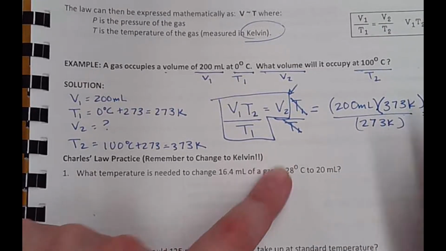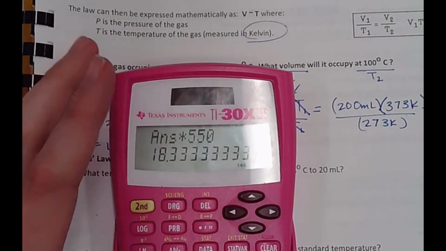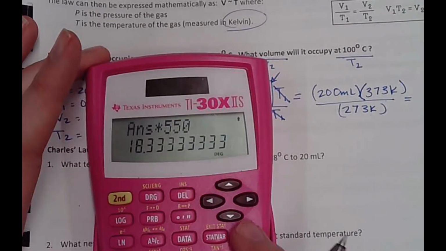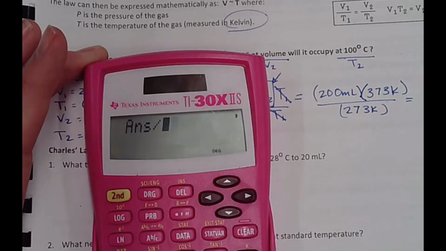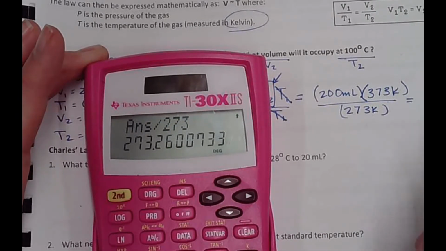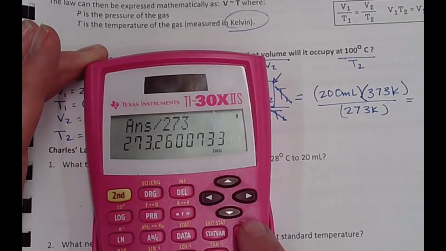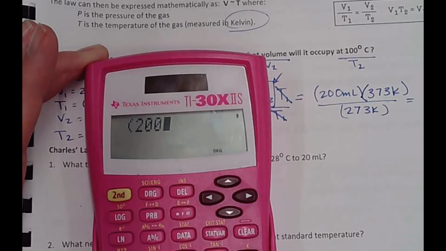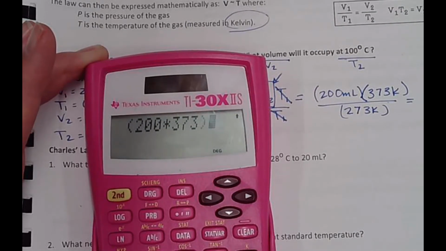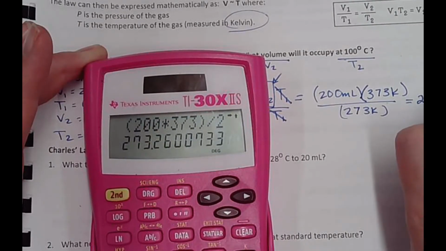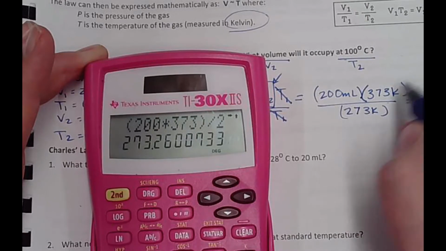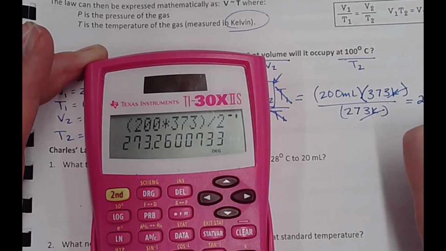And now I can use my calculator to solve. 200 times 373 divided by 273 gives me 273. Hold on. Okay, gives me 273. And my Kelvins cancel, so this is milliliters.